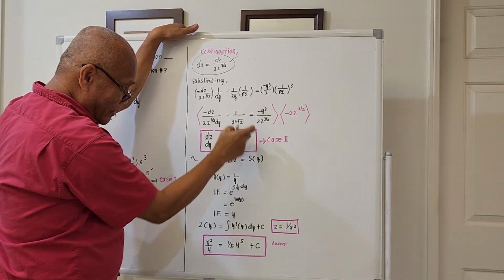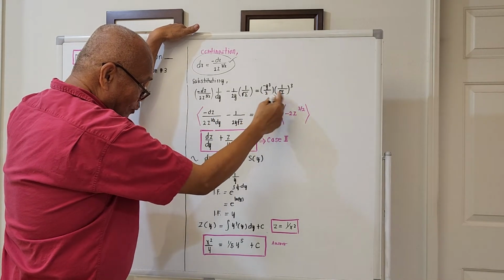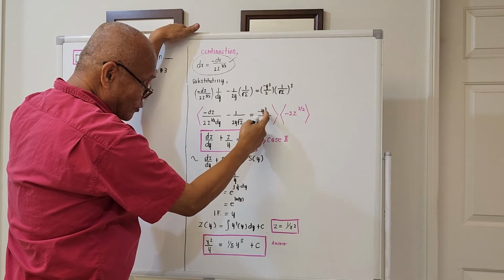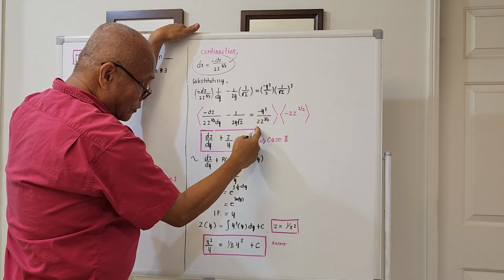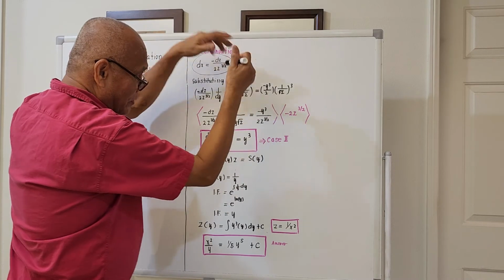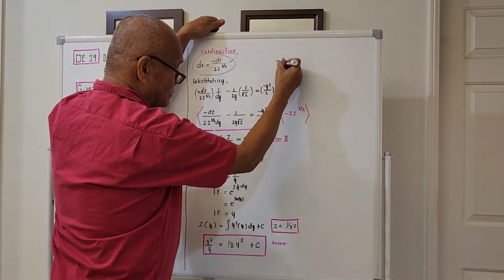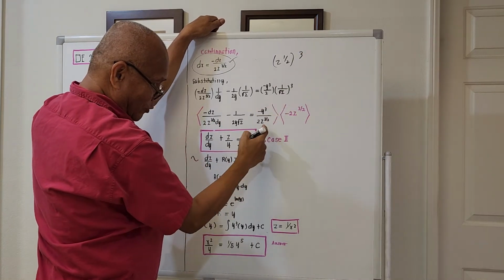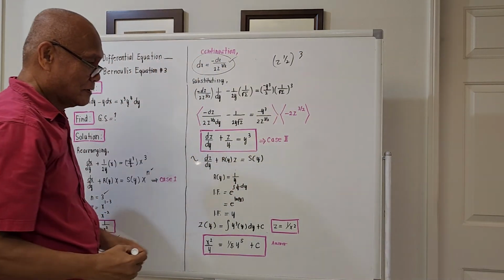I just compress this one. I will try to multiply this one: 1 cubed is just 1 times y cube is y cube over 2, z to the 1 half cubed. So what will come out will be z to the 3 halves.